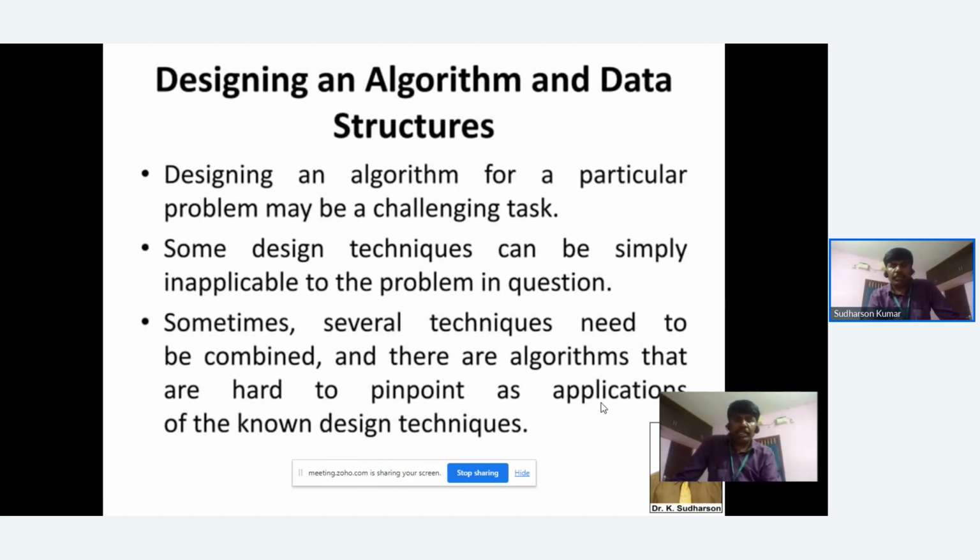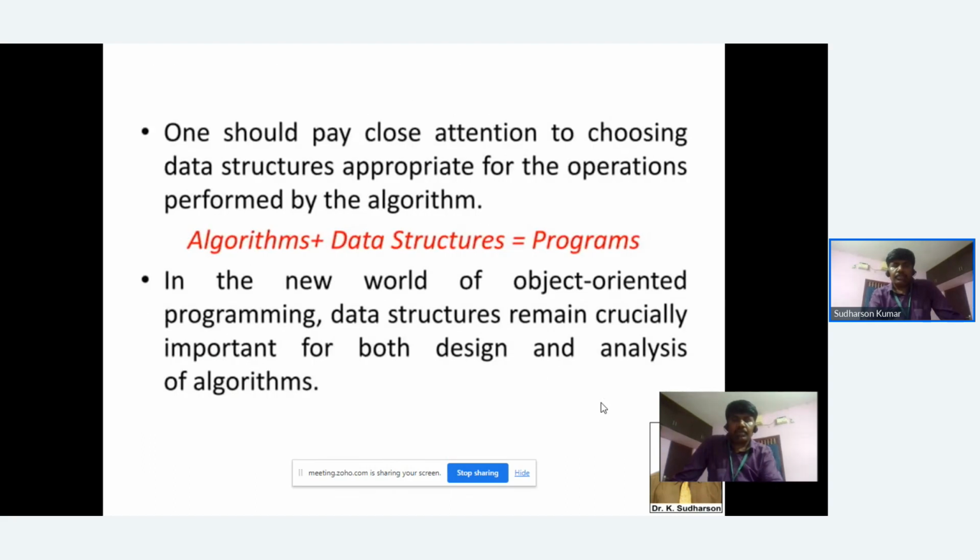You have to use some data structures and some design techniques, or you must combine the design technique as well as your data structure techniques. So these are the things you have to analyze. When you mix an algorithm with a data structure technique, it becomes a program. Obviously, it becomes a program.